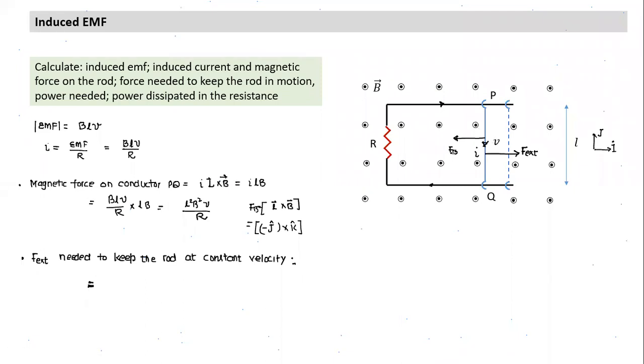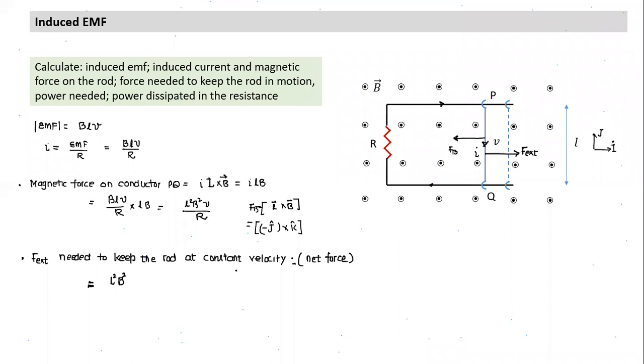Magnetic force and external force. If I have to keep it moving at a constant velocity, it means net force is 0. If net force is 0, it means external force has to be equal and opposite to FB. So what is the external force needed? Same as this. Kaushik, have you understood what I said now? Yes, sir. What did I say? Tell me, repeat that point.